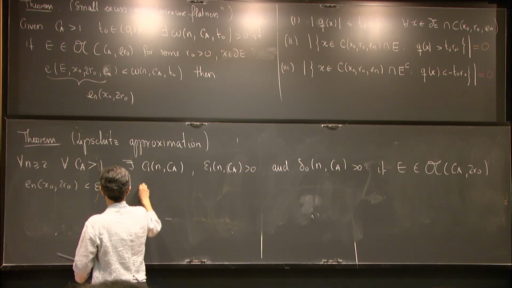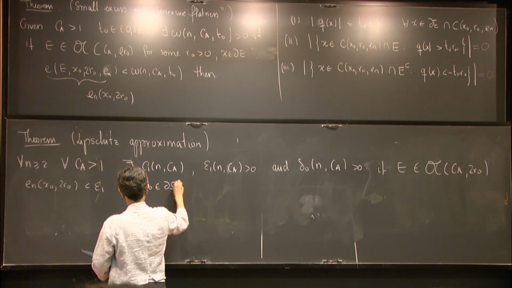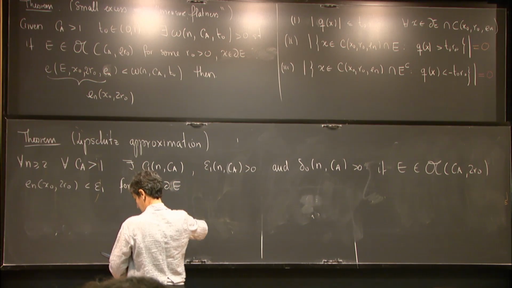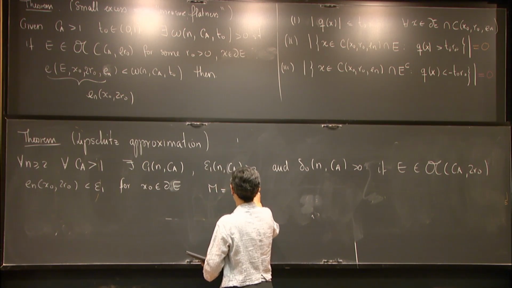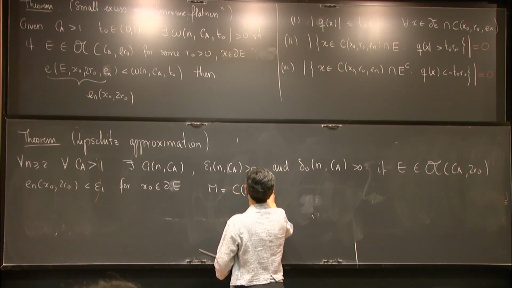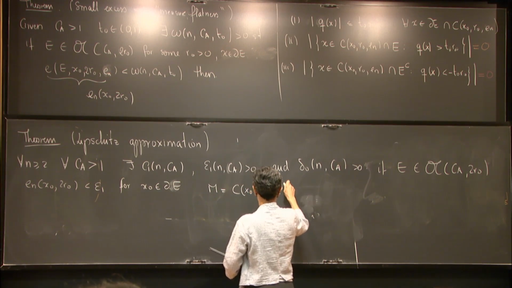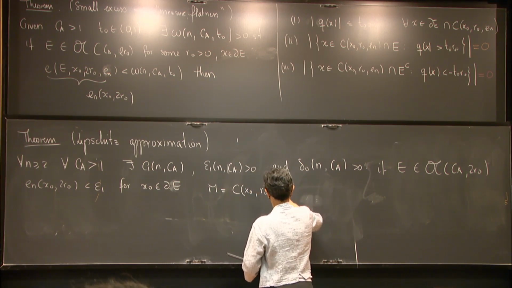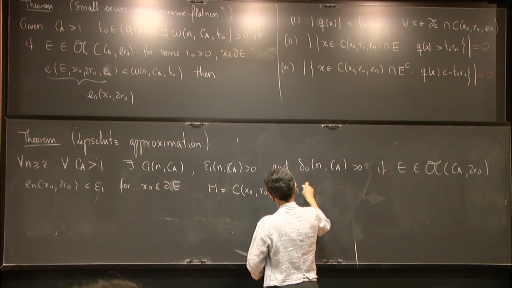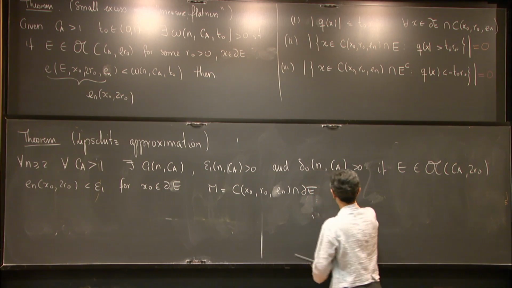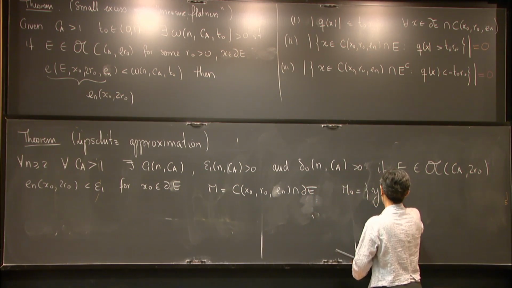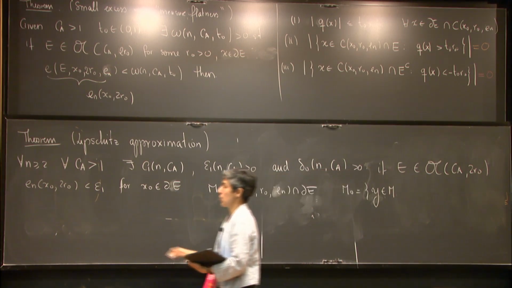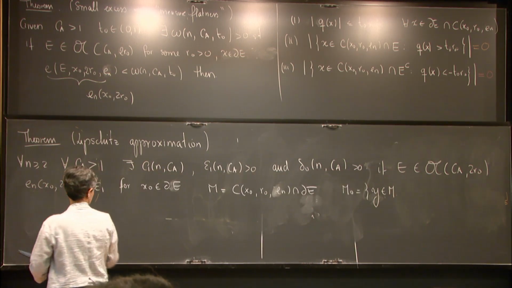for x0 that belongs to the boundary of E, I define mu as the cylinder centered at x0, R0, E, intersection boundary of E. I define M0, the set of points Y that belong to M. So I'm assuming that the oscillation with respect to E sub n is small.